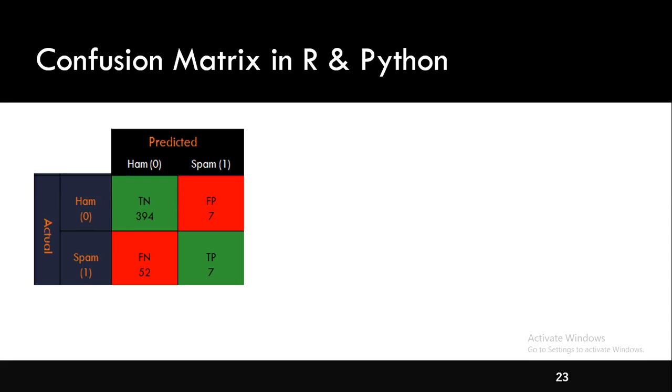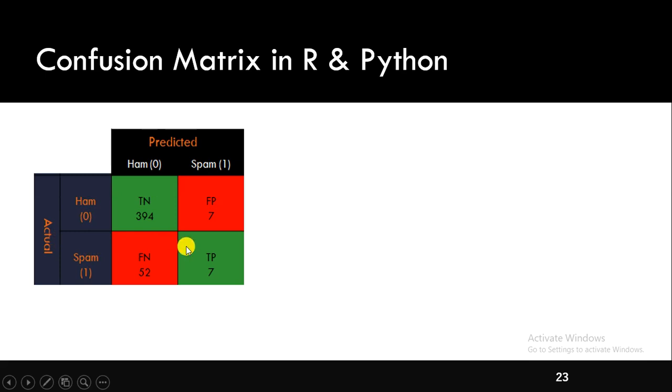But in R and Python, the generated confusion matrix will look like this.